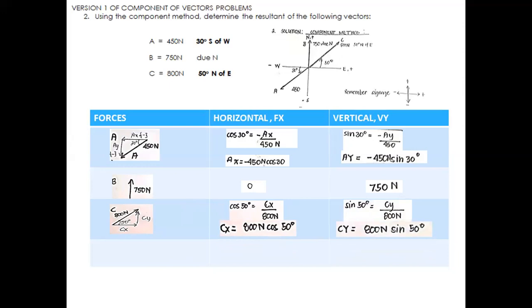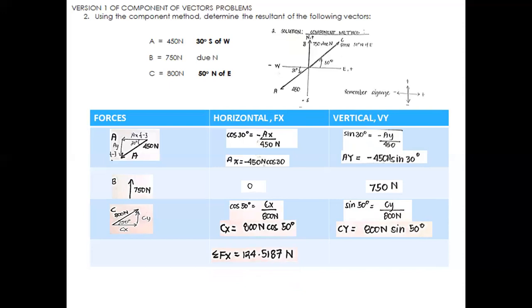Now, the next step is to sum all the horizontal forces. So negative 450 newtons cosine 30 plus 0 plus 800 newtons cosine 50 degrees. This brings up a value of summation of Fx equal to 124.5187 newtons.